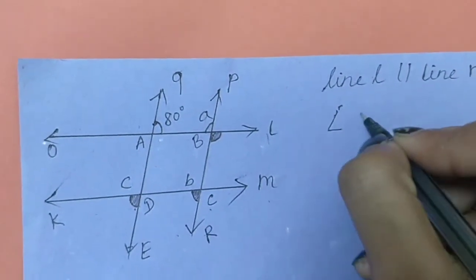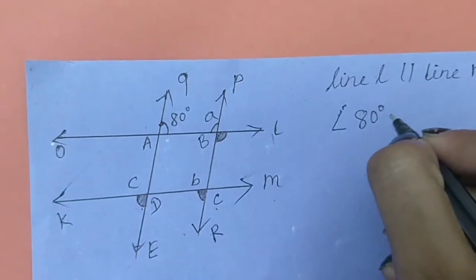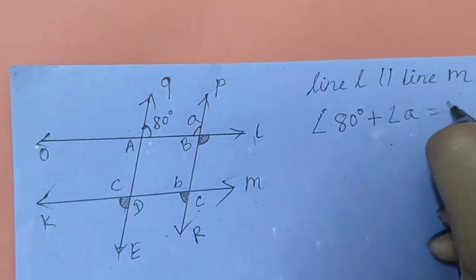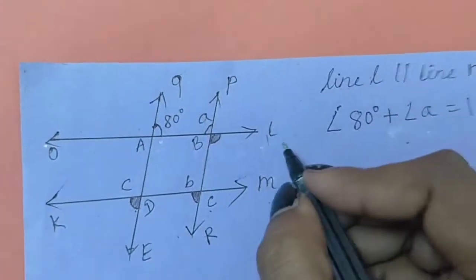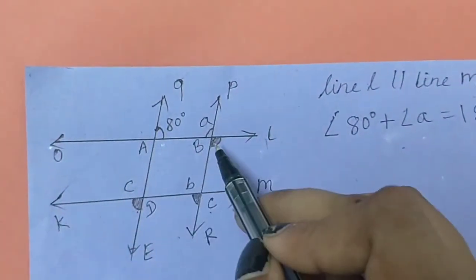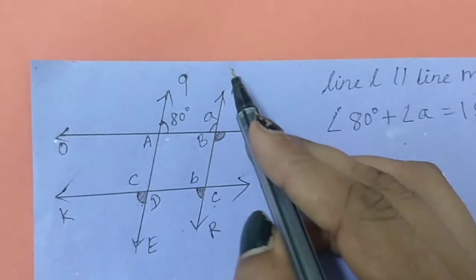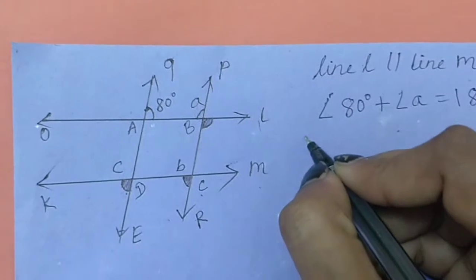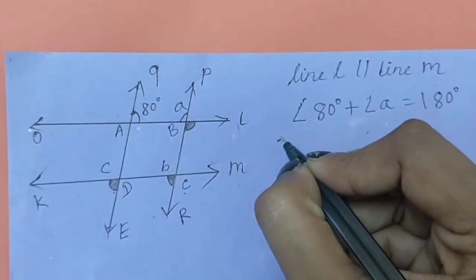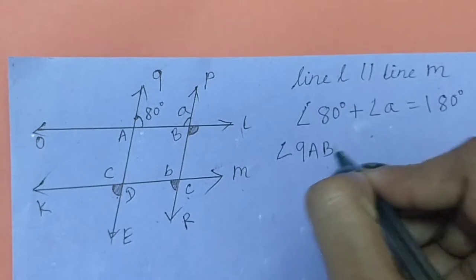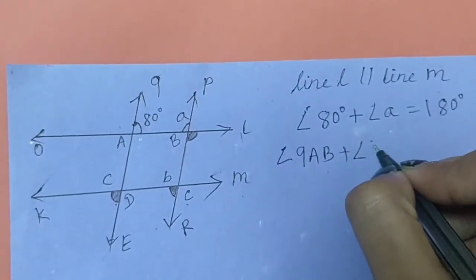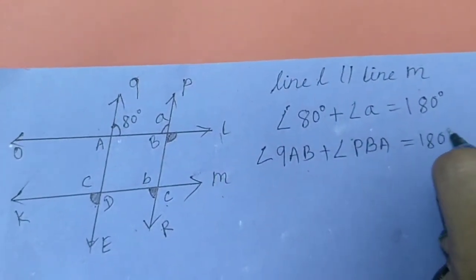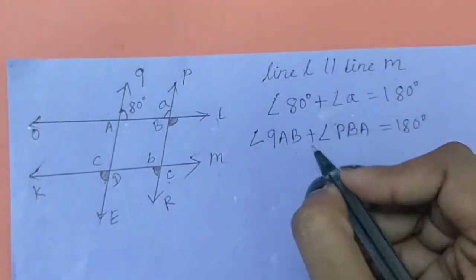So angle QAB plus angle PBA is equal to 180 degrees.